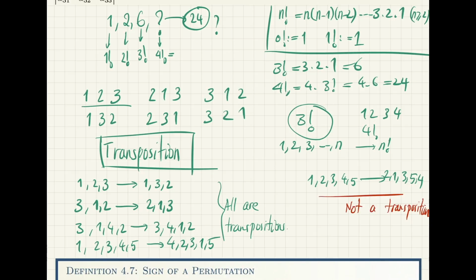There is a theorem in abstract algebra that guarantees that any permutation of the numbers 1, 2, 3 up to n, no matter how messed up its order is, can be brought back to its natural order 1, 2, 3 up to n by applying a finite number of successive transpositions on it.